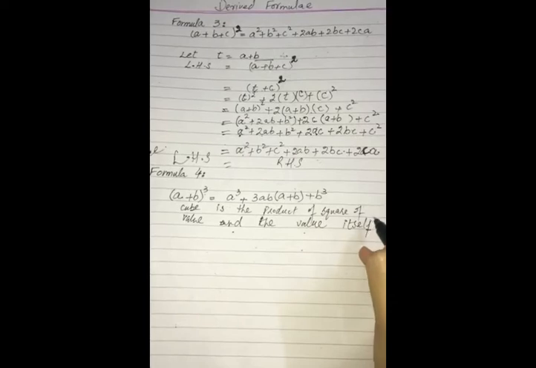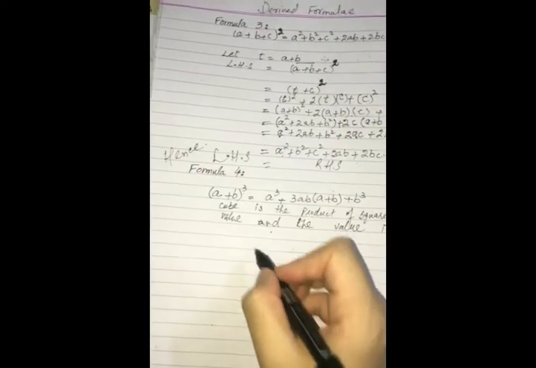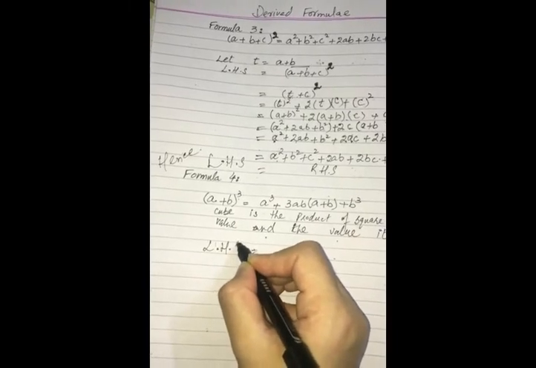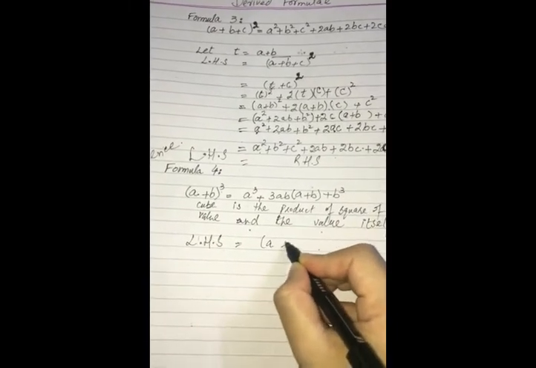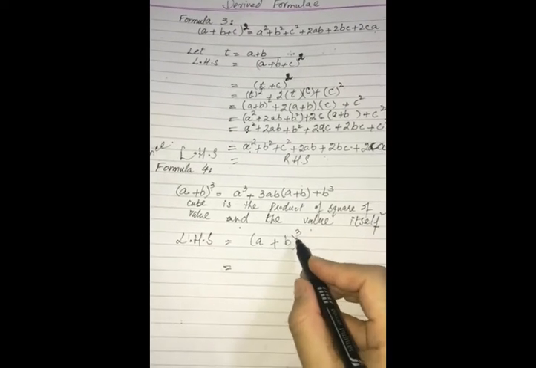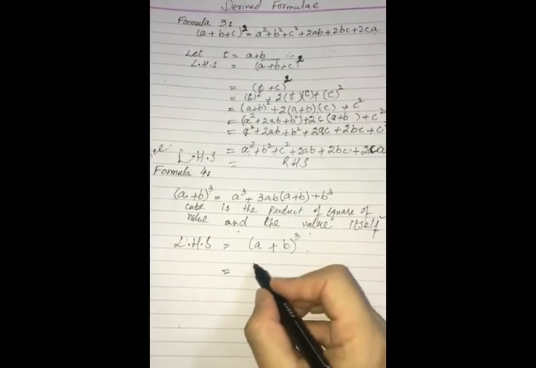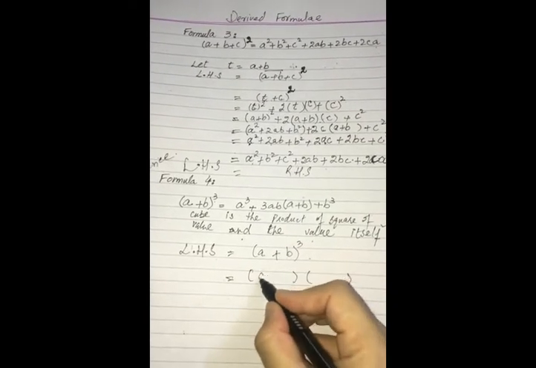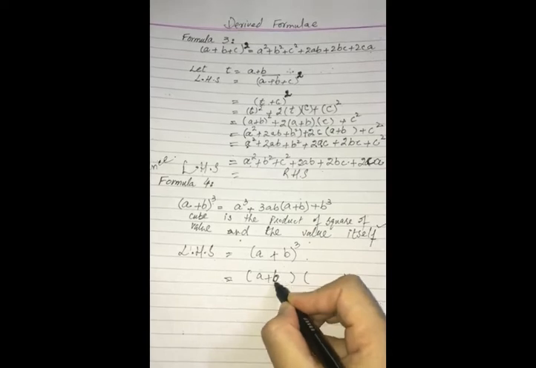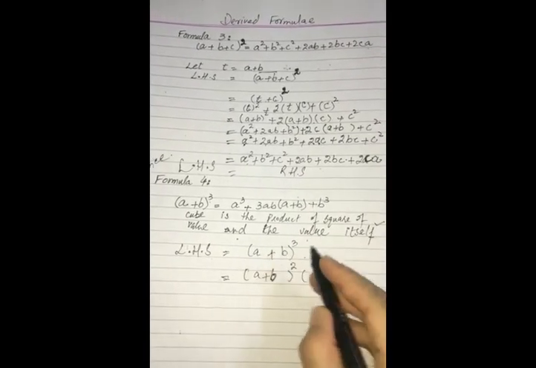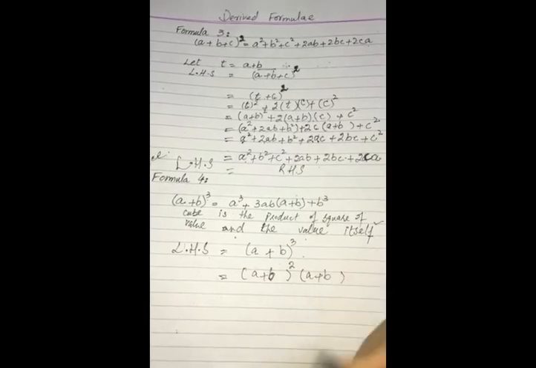So I'm going to apply this here. First I'm taking the left hand side, that is (a + b) whole cube, and then I will apply the product of the value, that is a + b, and the square of the value, (a + b) whole square, with the value itself, and the value is a + b.